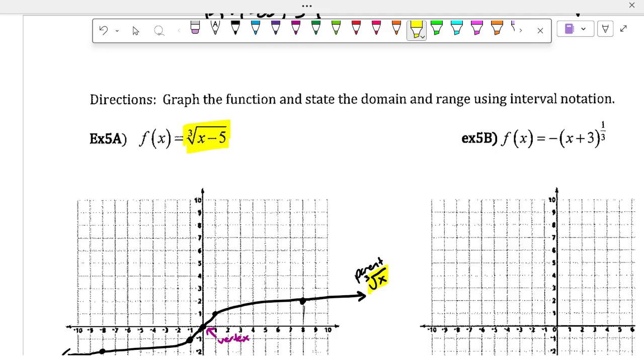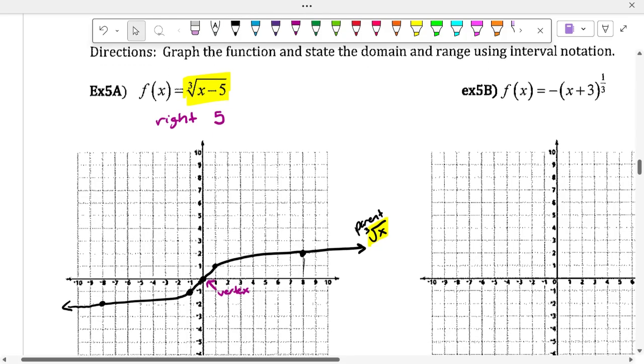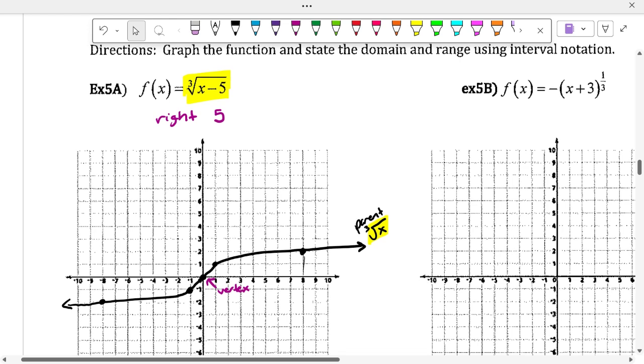Go to the right 5. So in reality, this whole graph is going to shift right 5. Let me look at my vertex. If I shift to the right 5, I go 1, 2, 3, 4, 5. So my vertex would be right here now.